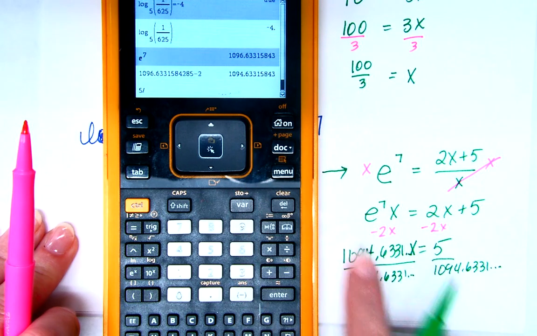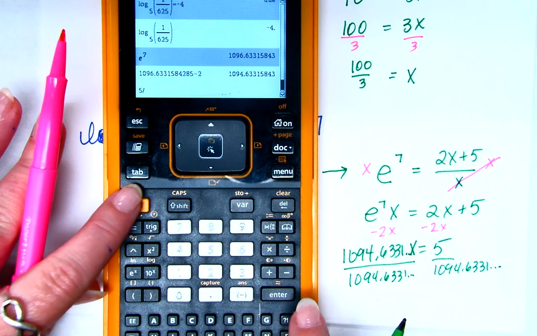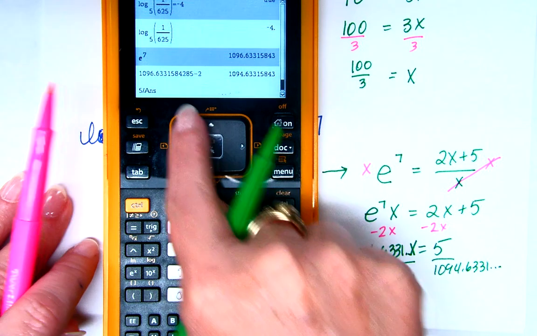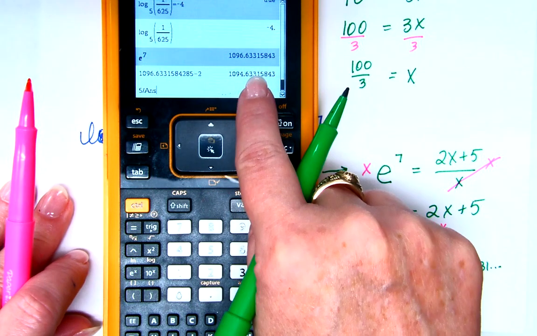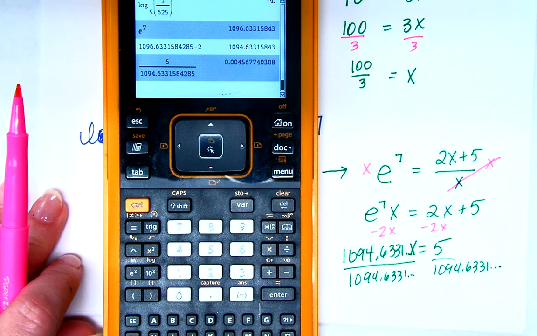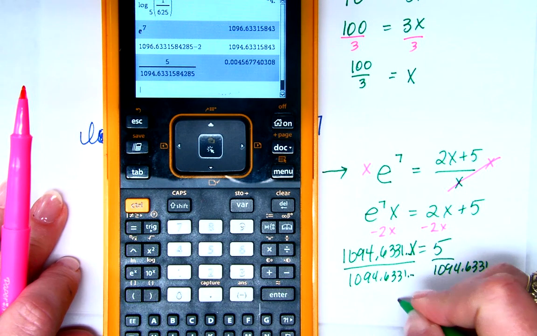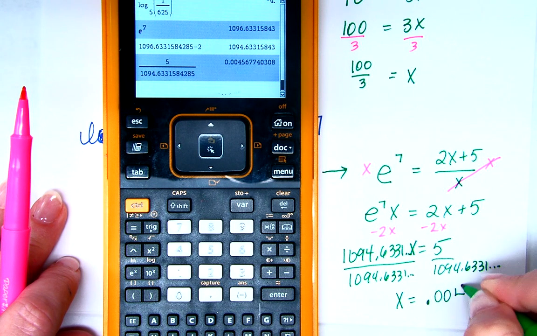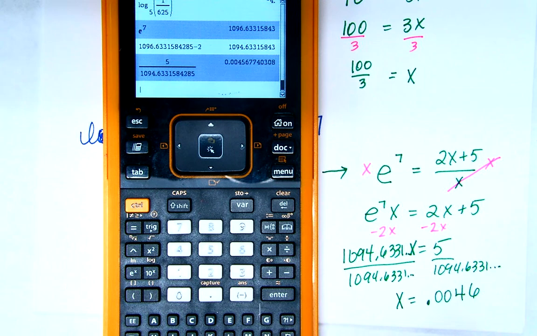So I said 5 divided by and then control and then negative sign. See where it says answer? Now it says A and S on the screen. It's going to pull that number down into the problem without me having to retype it. So x equals 0.0046.